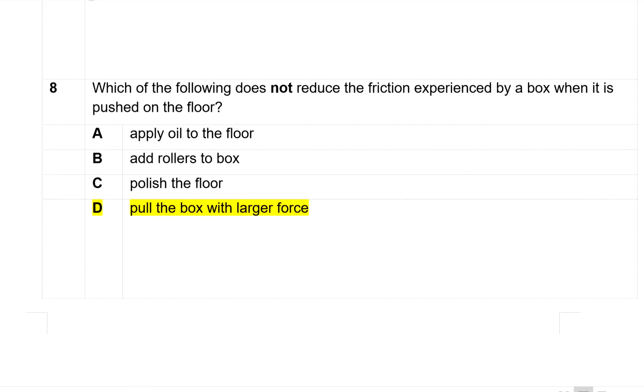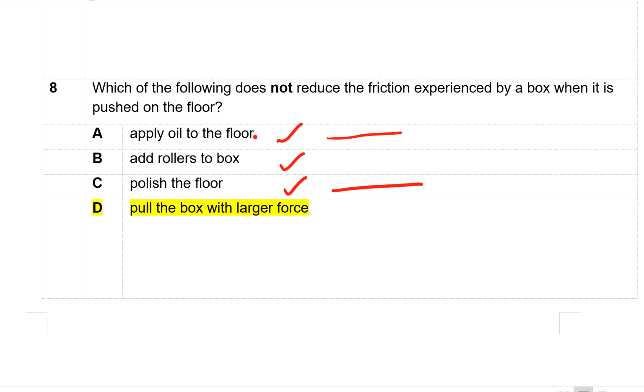For question 8, which of the following does not reduce the friction? When you apply oil, when you add rollers, and when you polish the floor, all this will reduce friction, because when you polish the floor, you make the surface smoother. When you apply oil again, what you do is you smoothen the surface, so applying lubricant.